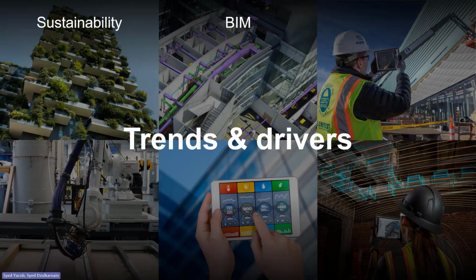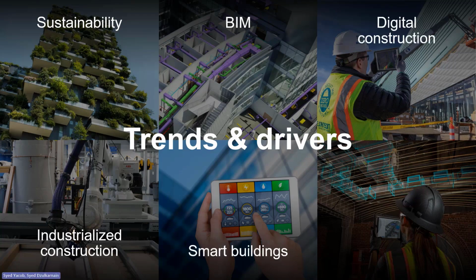Whatever building design needs to follow BIM mandates, and all the building products and building equipments need to make sure that they are able to send or share their products or equipments in compliance with the BIM standard. Okay? Digital construction, industrial construction, smart buildings, and regulations.